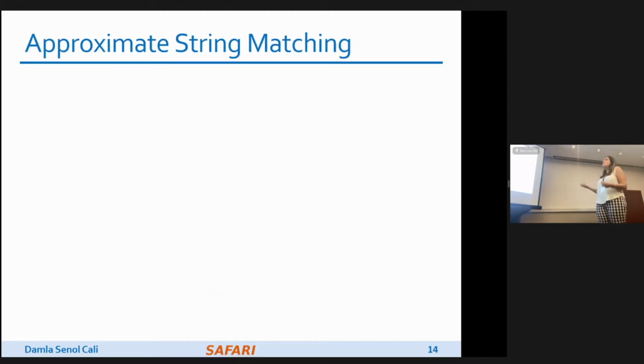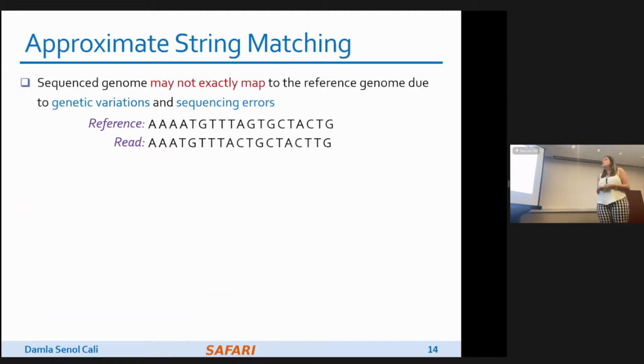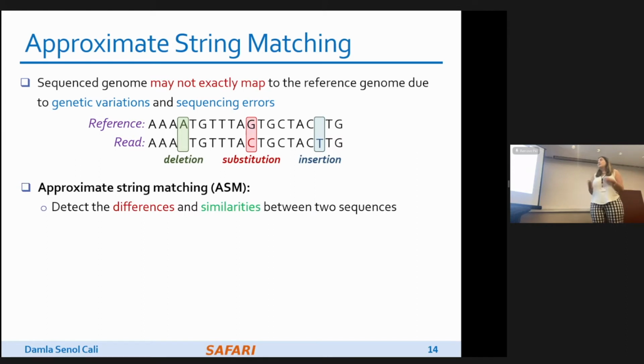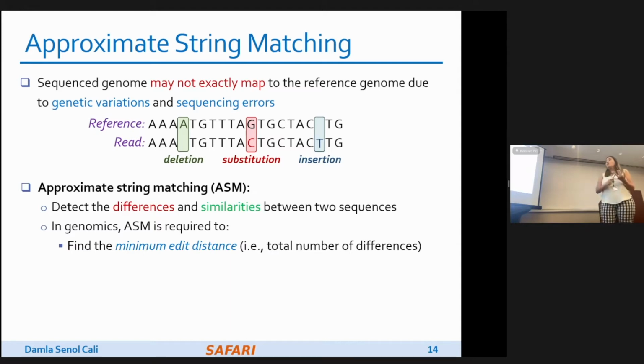So when I say approximate string matching, what I mean is, let's say we have these example pairs of reference and read. We need to be able to support any existence of deletions, substitutions, or insertions. So approximate string matching handles these types of errors. And it detects the differences and also similarities between two sequences. In genomics, we require it because we want to find a minimum edit distance when performing alignment.